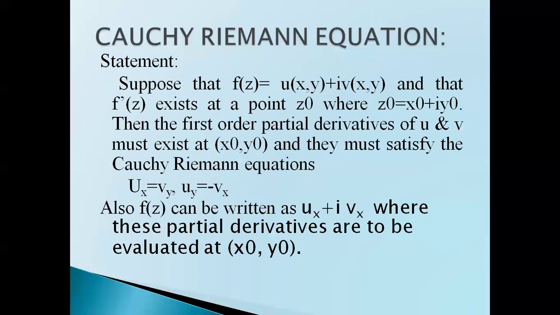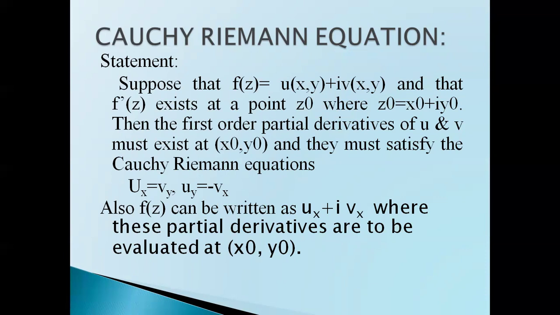Suppose that f of z equals u of x comma y plus i into v of x comma y, and that f dash of z exists at a point z naught, where z naught equals x naught plus i into y naught.